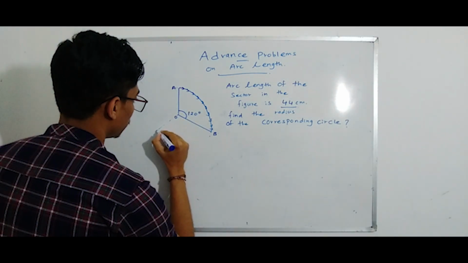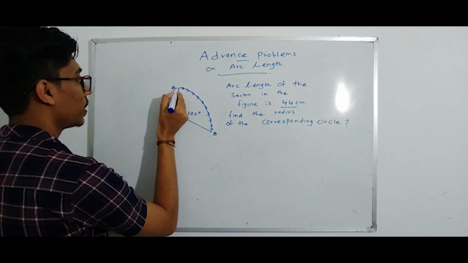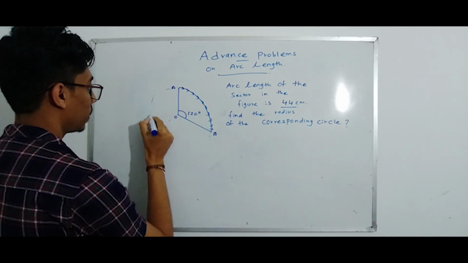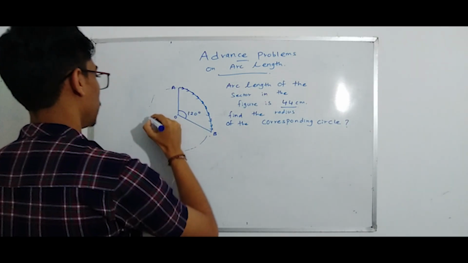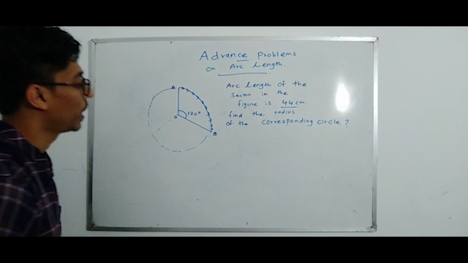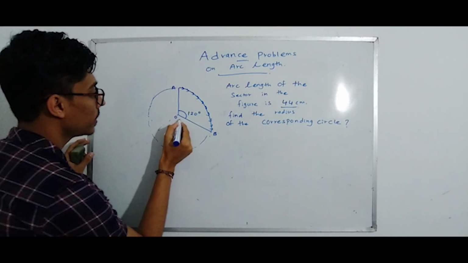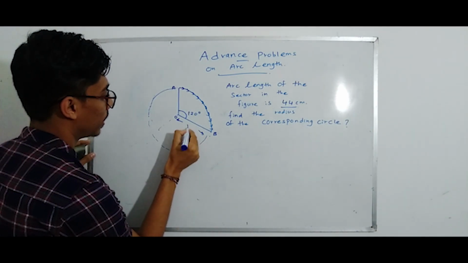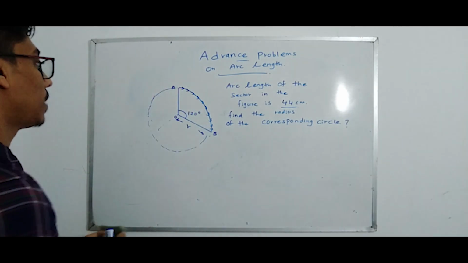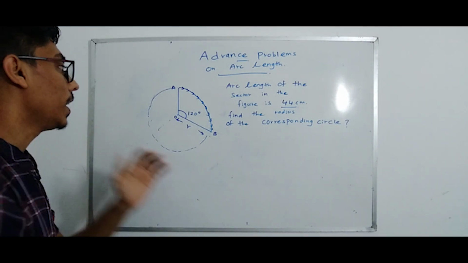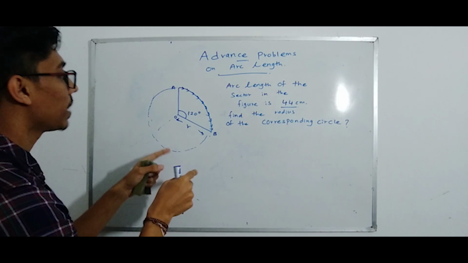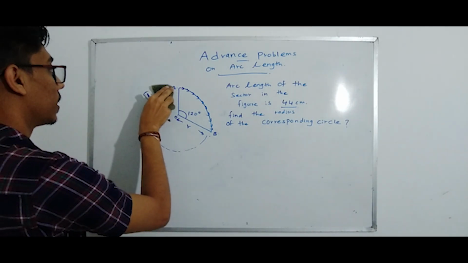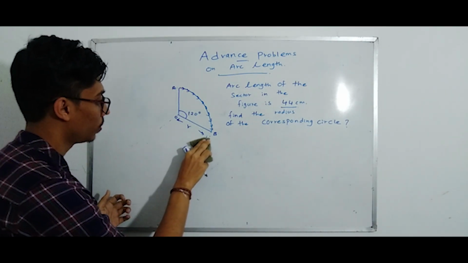You have the distance here, something like this. So this radius, they are asking for this radius. I completed the entire circle just to show that it's the radius of this circle. So the same radius is represented in this sector. Let me erase this just to show you.